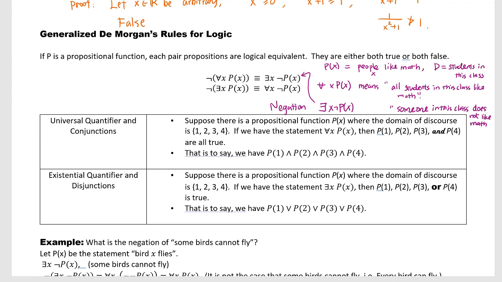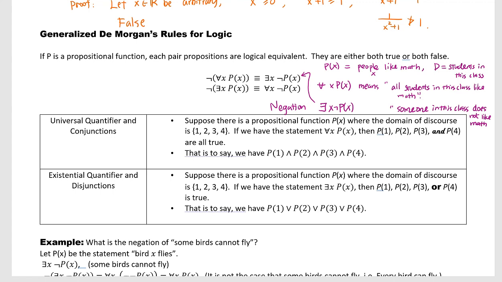Next, let's look at the universal quantifier and conjunctions. Suppose there is a propositional function P of x where the domain is 1, 2, 3, 4. If we have the statement for all x, P of x, then P of 1, P of 2, P of 3, and P of 4 are all true.